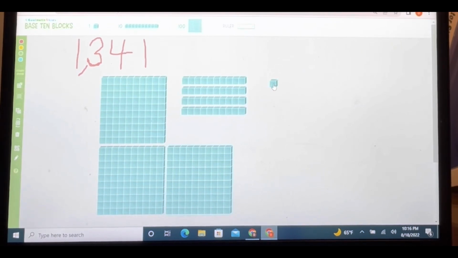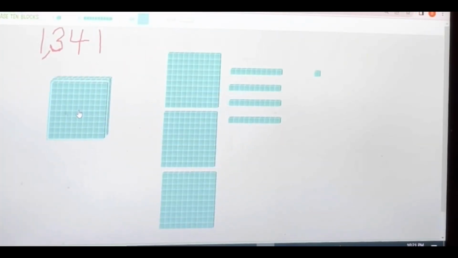So I have my 1 one, my 4 tens, and my 300s. And last but not least, we have our 1,000 block. So we have 1,000, 300s, 4 tens, and 1 one.